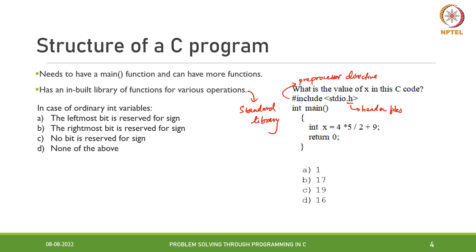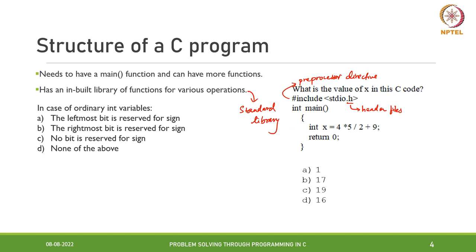Now if we want to use standard input and output operations, like you want to print something or take some value from the user, you need to include this particular header file by writing this preprocessor directive, which is hash include, and then in angular braces you write the header file name.